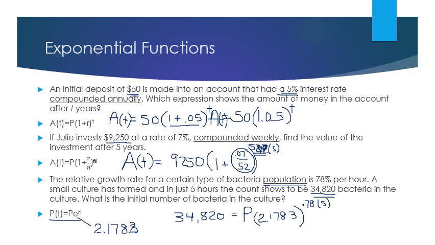So the first thing I would do here is multiply the 0.78 times 5. Then I would apply it as the exponent to 2.71828, or e if it's in your calculator. But at this point, you can't multiply it by anything. You need to go back and divide the 34,825 by whatever value you get when you raise e to the 0.78 times 5.